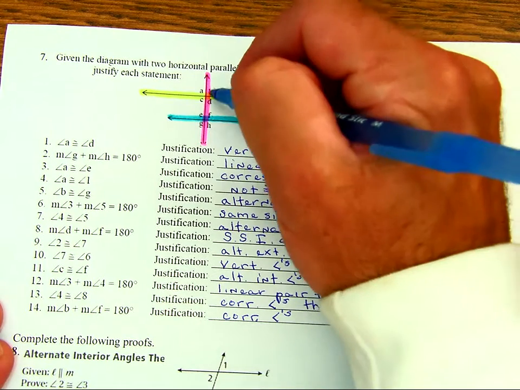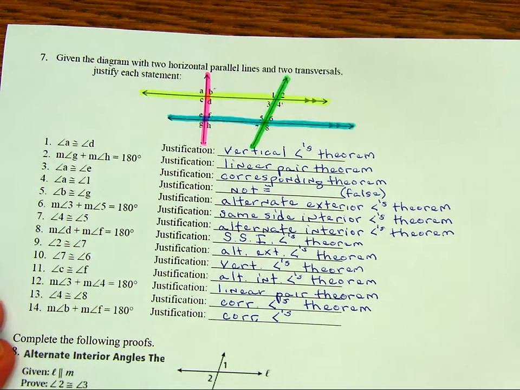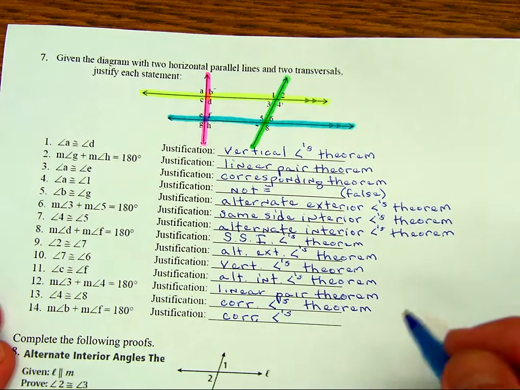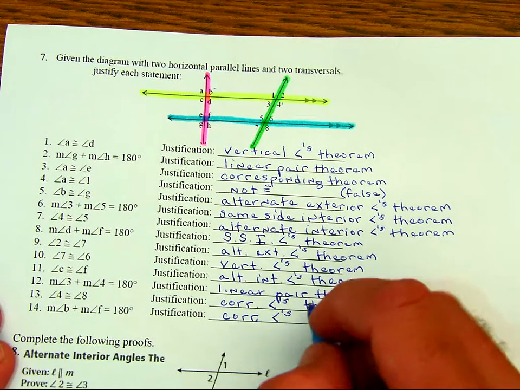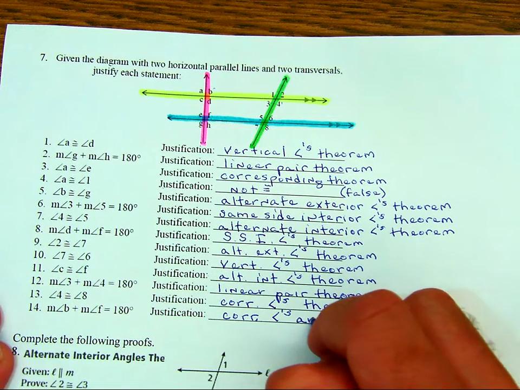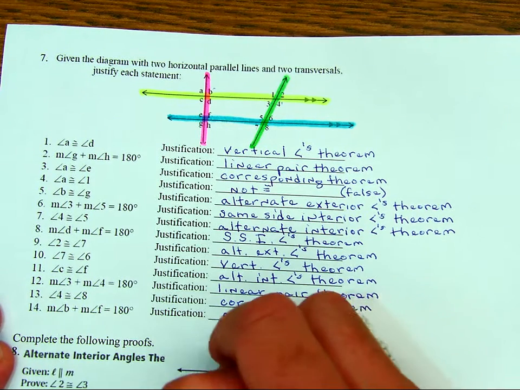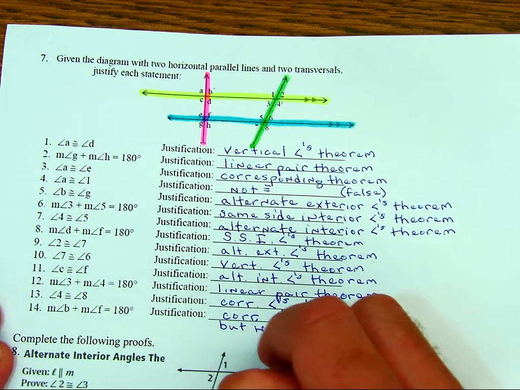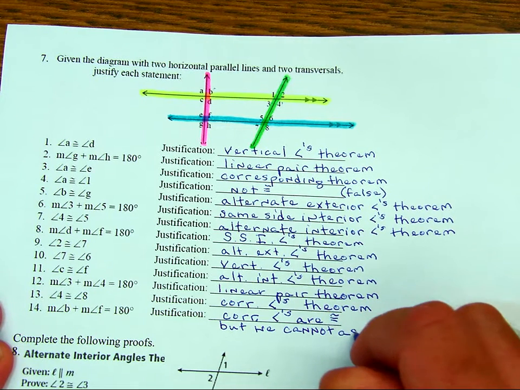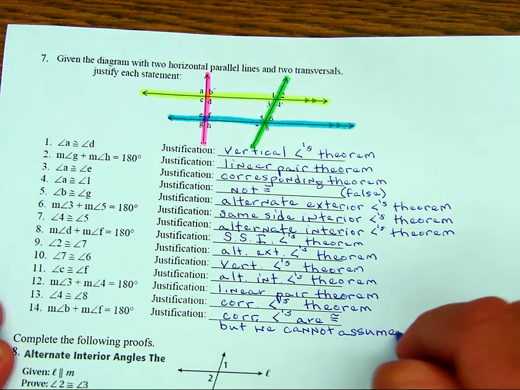And if they were 90 degrees, it looks like that's a possibility, then they would have a sum of 180. So we know they are equal. Corresponding angles are congruent, but we cannot assume that they're supplementary. We cannot assume that each angle is 90 degrees.